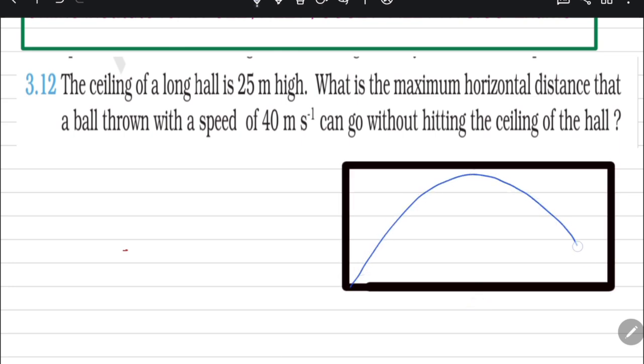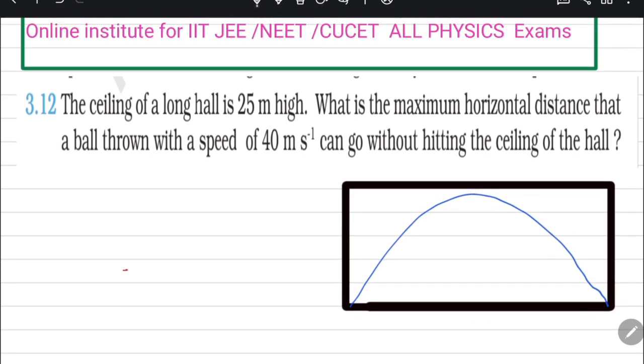And we are projecting like this, and that is how much? 25 meter high. What is the maximum horizontal? Means height. They have given the height, so you can find the maximum horizontal distance they are asking.